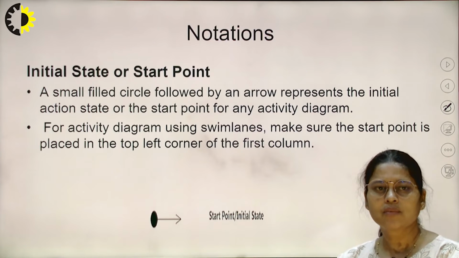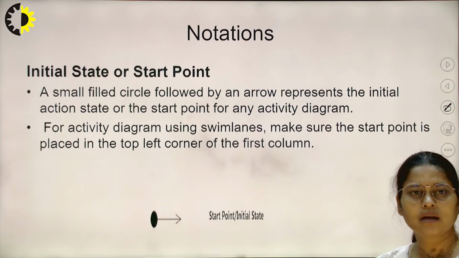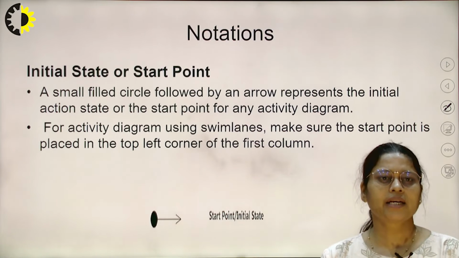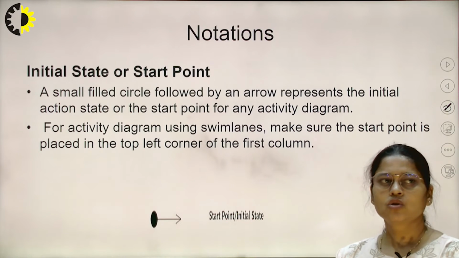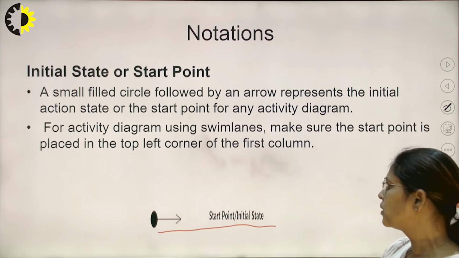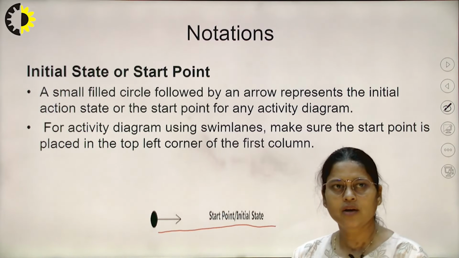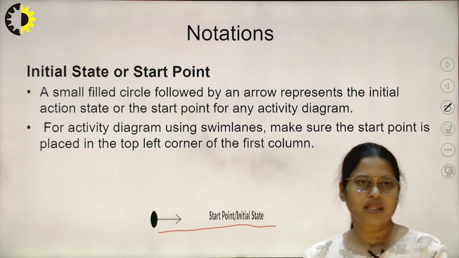These are some notations which we use at the time of creating the activity diagrams of the project. First of all, we take a start point or the initial state. The initial state or start point is represented by this dotted symbol with an arrow.